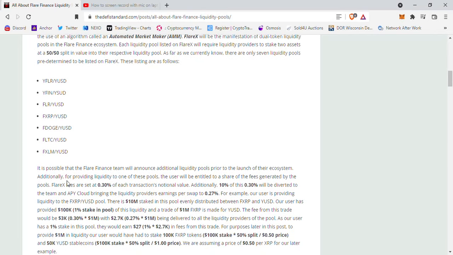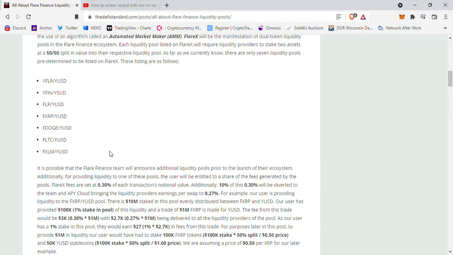Now, also I wanted to talk today about a strategy to use with these liquidity pools. But first, let's understand how you'll be making money with the liquidity pools, specifically for these liquidity pools. So FlareX fees are set at 0.30% of each transaction.